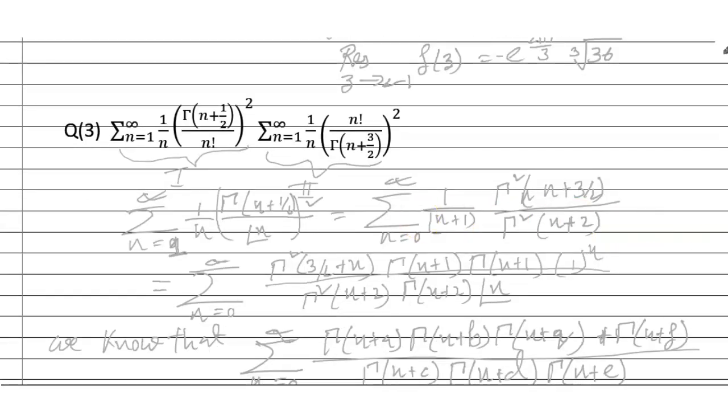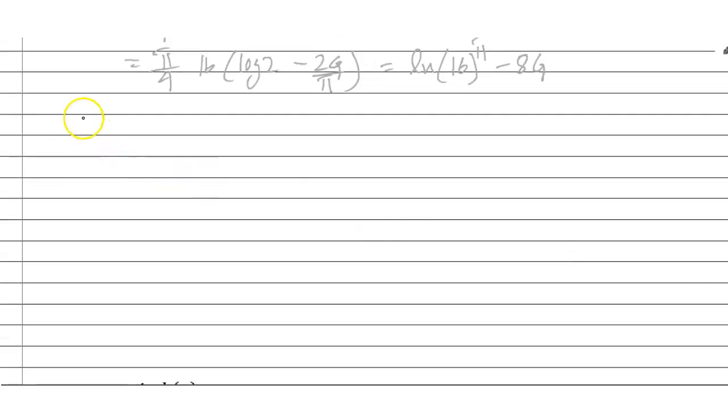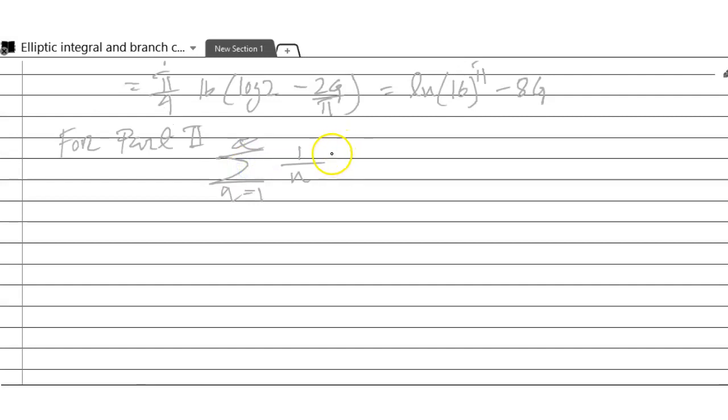Next is part 2. For part 2 we have summation 1 by n, gamma n plus 1 divided by gamma n plus 3 by 2, whole square.